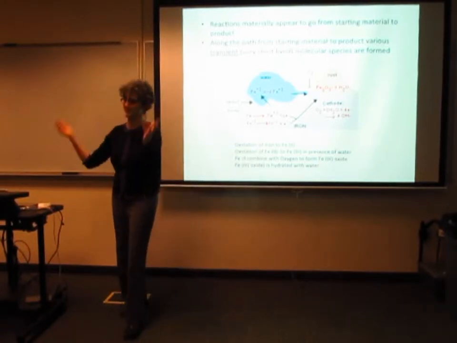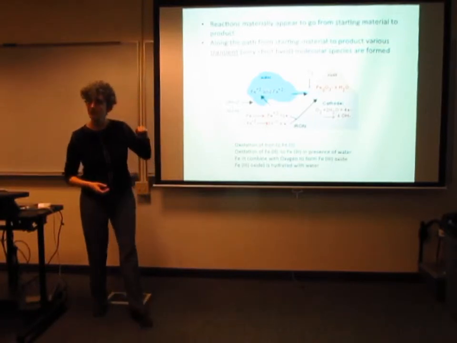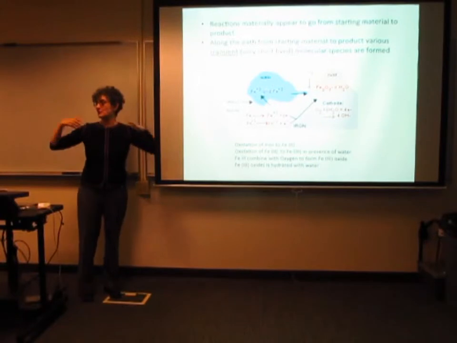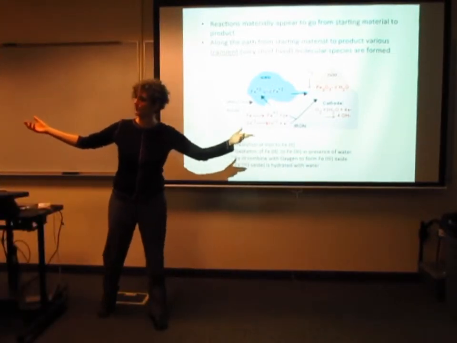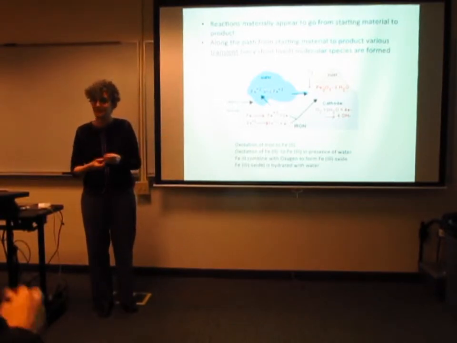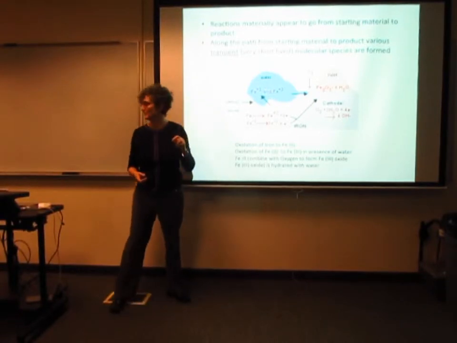So all these things are happening when you rust, right? So all these intermediary steps in this process, but although the reaction is very slow in the real-time world, I mean, something might take years to rust, the actual processes in between are incredibly, incredibly fast.